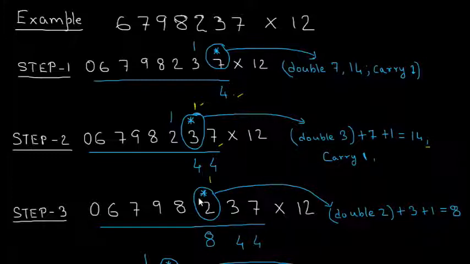Next number is 2. So we'll double 2, that is 4, plus its right hand number 3, plus carry 1. So 4 plus 3 plus 1 is equal to 8. We'll put 8 here.